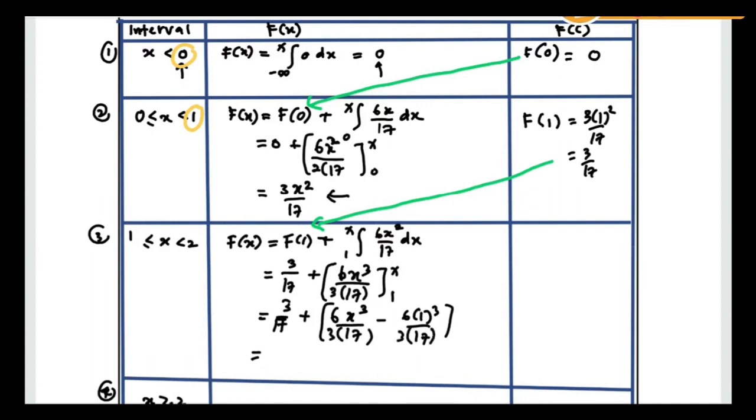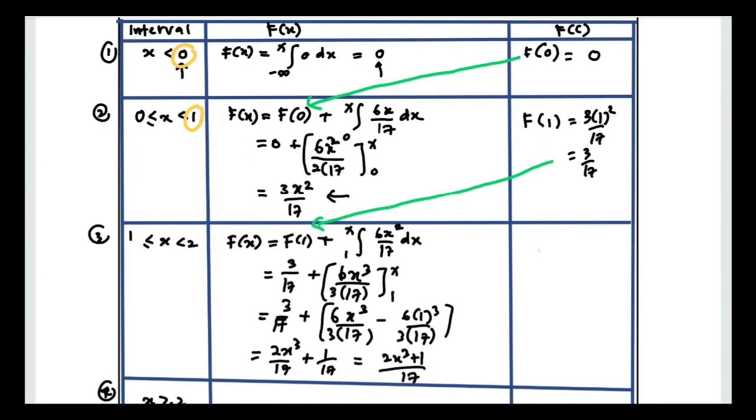Right, so at the end, after you simplify, you will get 2x cubed over 17 plus 1 over 17, or you can rewrite it in a single fraction, which is 2x cubed plus 1 over 17.